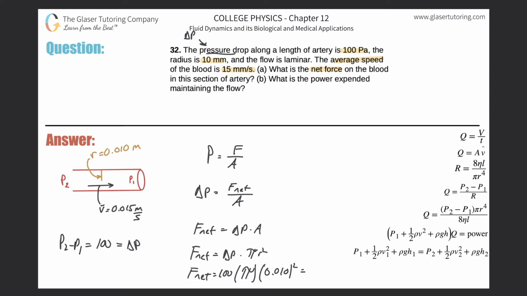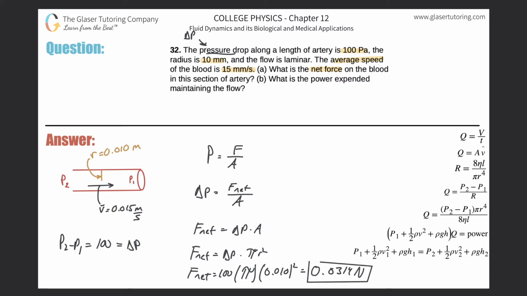So it's 100 multiplied by pi and then multiplied by 0.01 squared. So we get a value here that the net force is about 0.0314, and this is now in newtons. All right, so there we go.